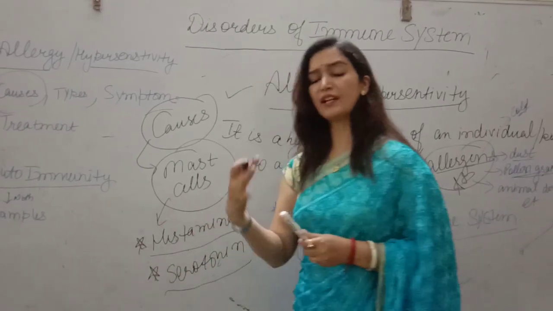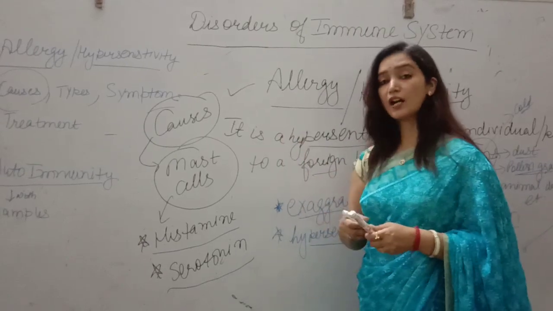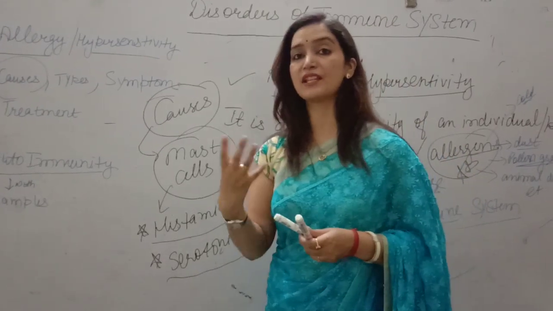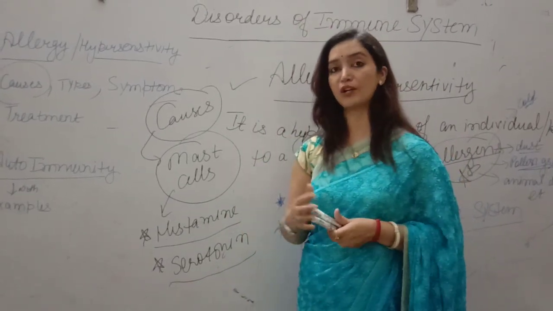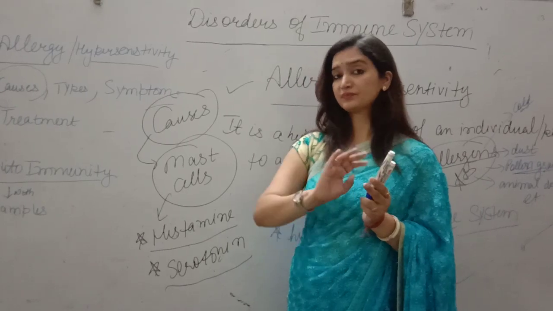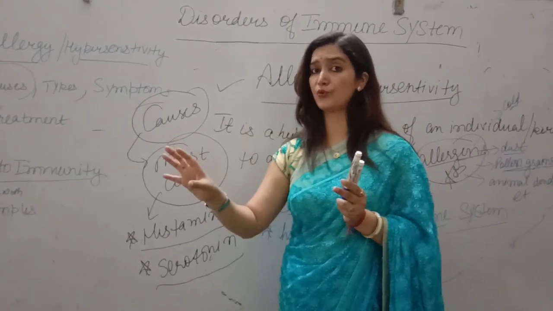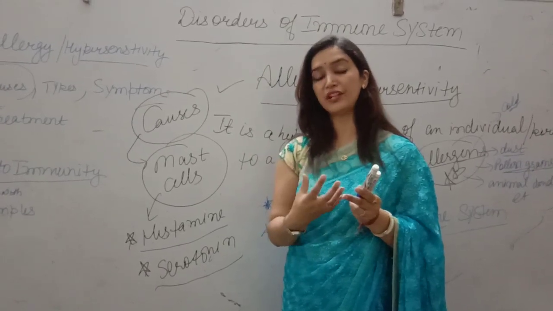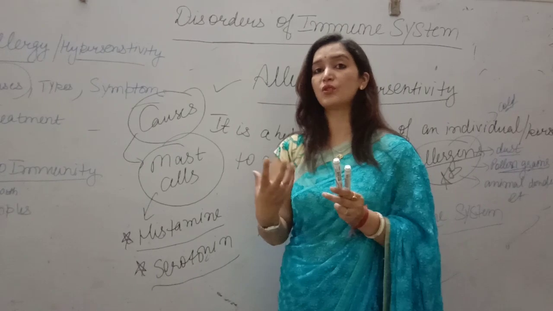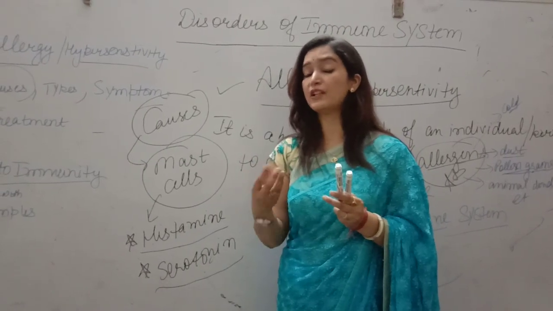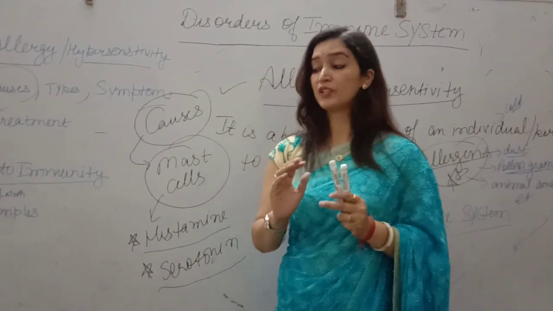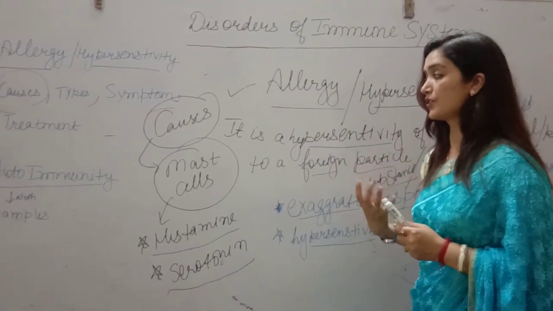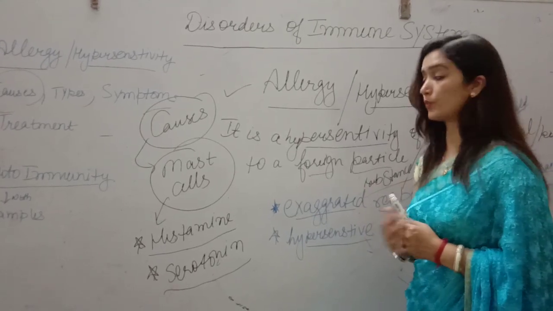What happens whenever there is an allergic or hypersensitive response in an individual's body is that fluid from the blood starts moving from blood to tissue. Due to dilation of blood vessels, the blood pressure of the body decreases, and it may sometimes cause unconsciousness, and it may be fatal in some individuals who have a high allergic response.